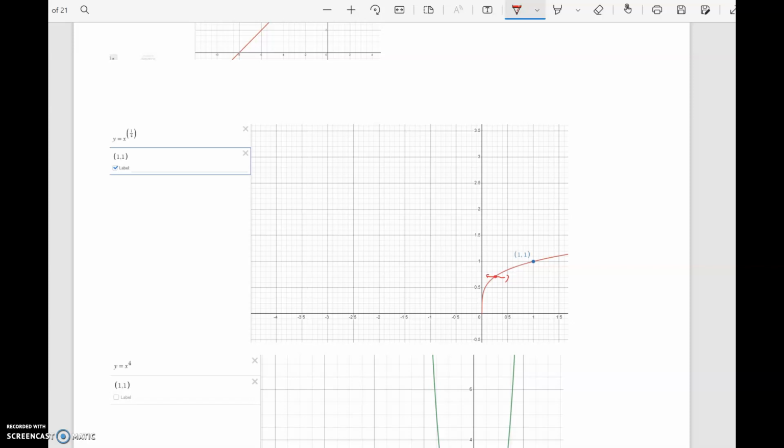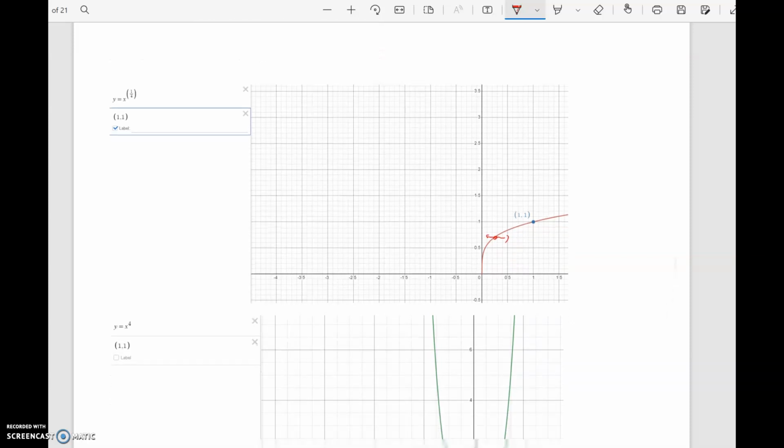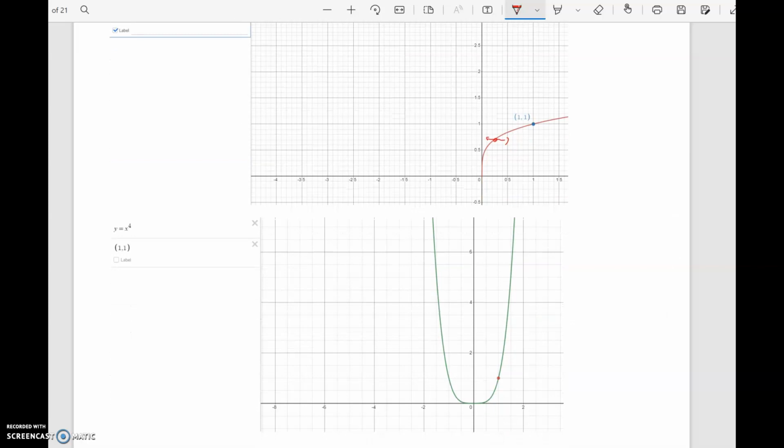It passes the horizontal line test. But there's going to be a minor problem when we find the inverse, because this one is not 1-to-1. It basically fails the horizontal line test. So in order to make it 1-to-1, we're going to have to restrain the domain.